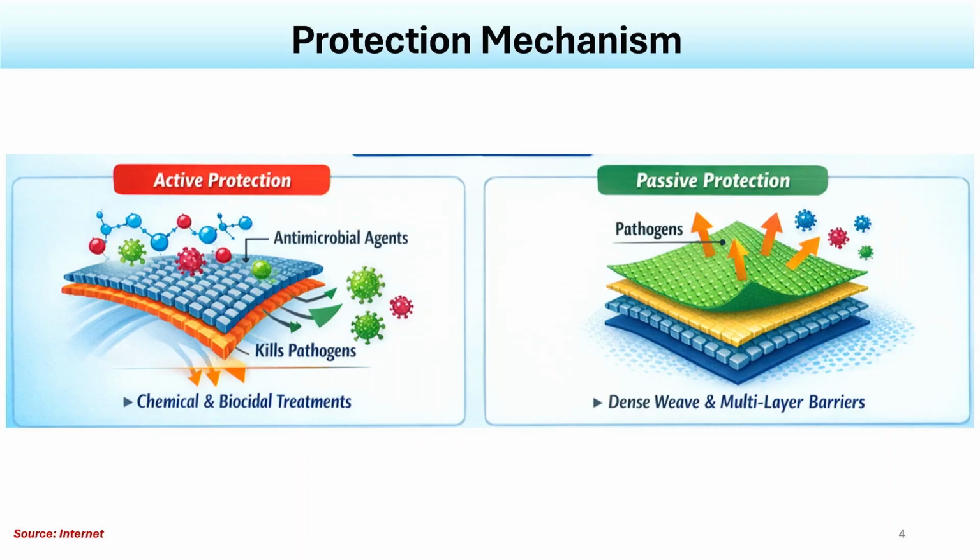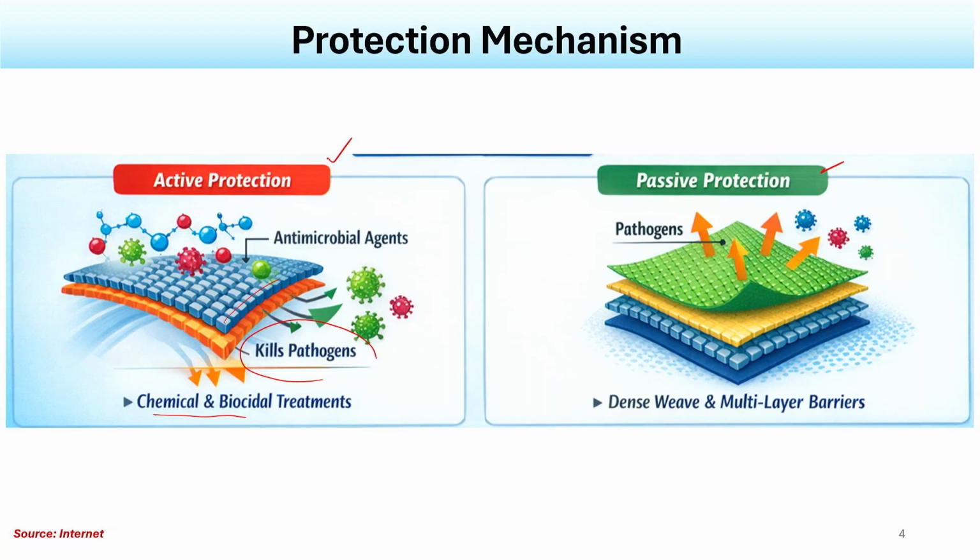The protection mechanisms are of two types, one is active protection, another is passive protection. Active protection is by using chemical and biocidal treatments, where active chemicals, that is antimicrobial agents, kill the pathogen within this system.